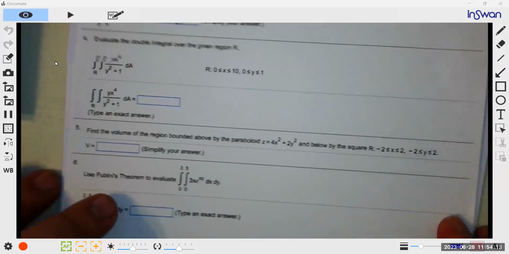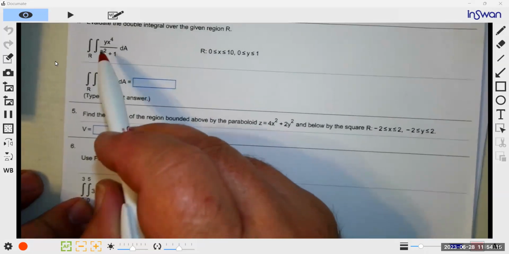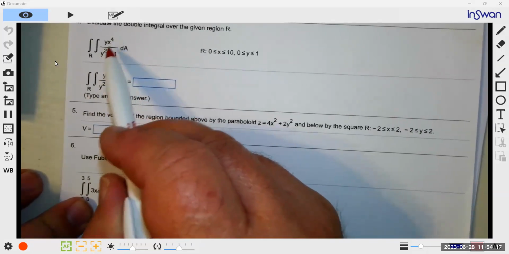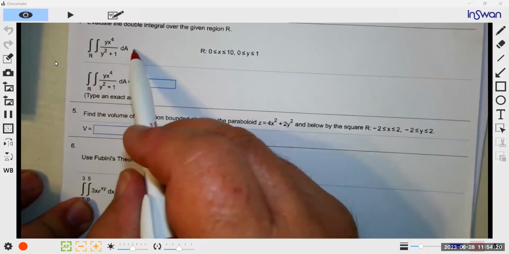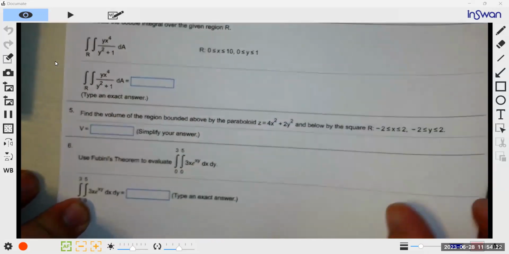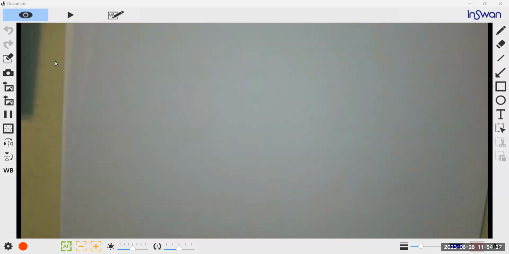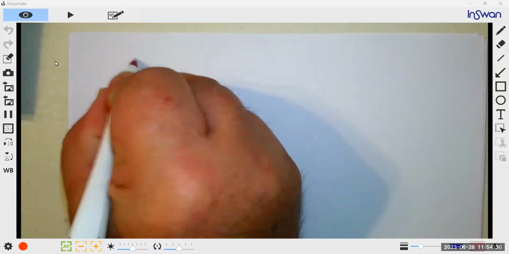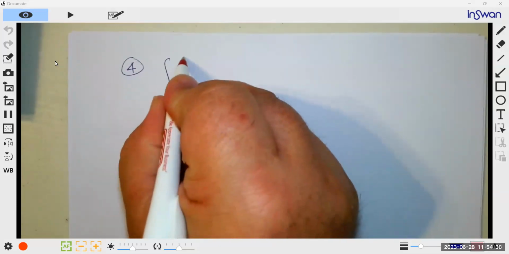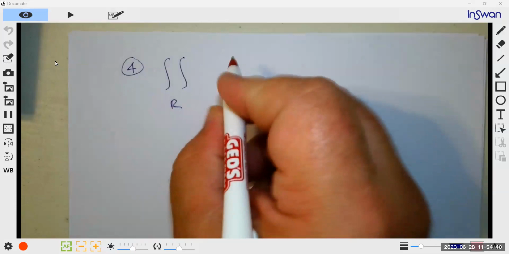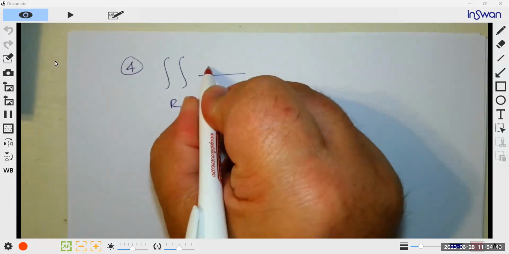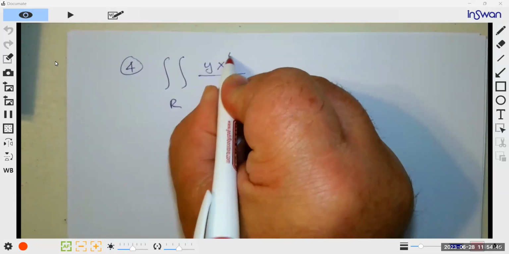Okay, question number 4. Double integral of y x to the 4th over y squared plus 1 dA. All right, this is an interesting one because remember, it all depends on how you choose to integrate it, whether it's dy dx or dx dy. And if you noticed, they left that up to us to decide.